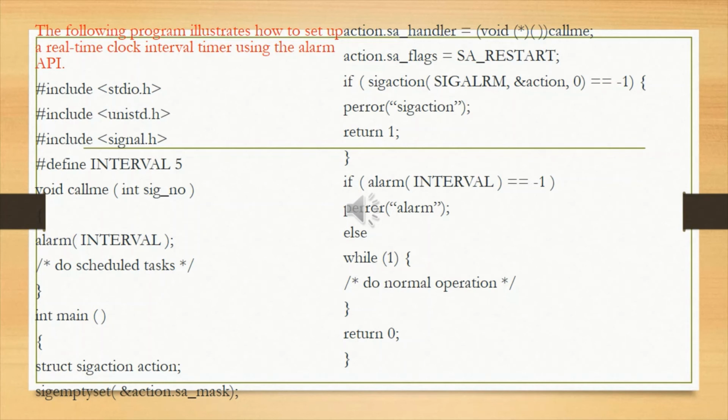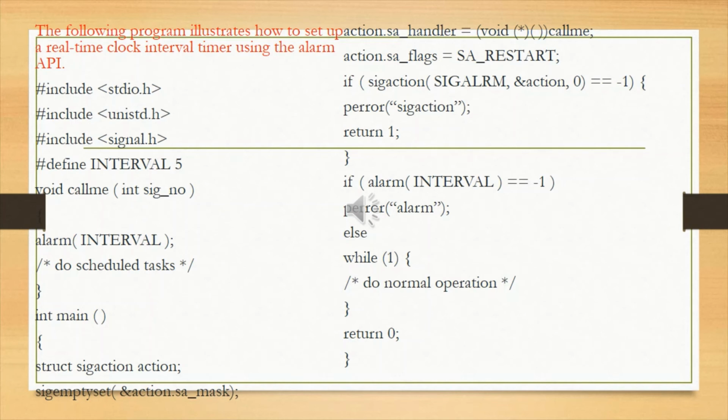The first argument specifies the timer in process, and possible values are ITIMER_REAL, based on the real-time clock, which generates a SIGALRM signal when it expires.